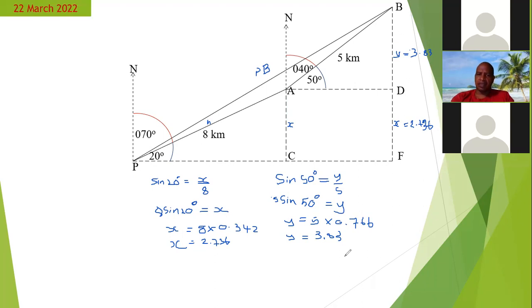I'm going to use a different color for the full length. So the length from B to F, yes, sir, BF would be 6.566.